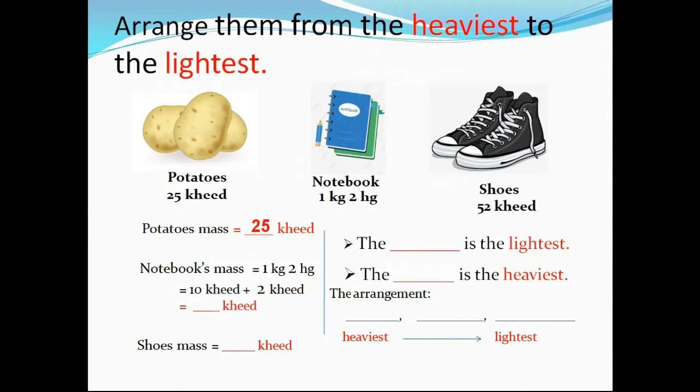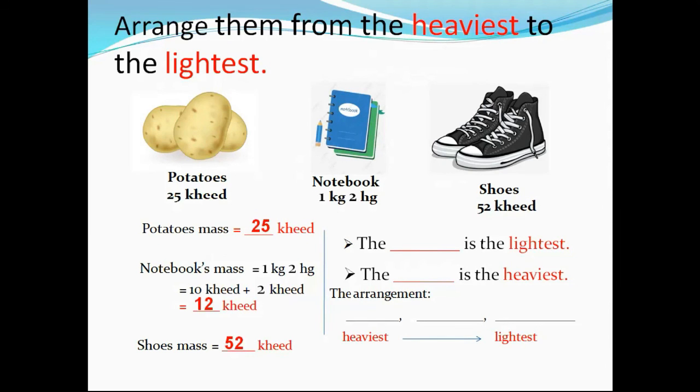Now let's convert 1 hectogram into kg. 1 hectogram is equivalent to 10 kg plus 2 kg. 10 plus 2 equals 12 kg. So the mass of the notebook is 12 kg. Shoes has 52 kg.